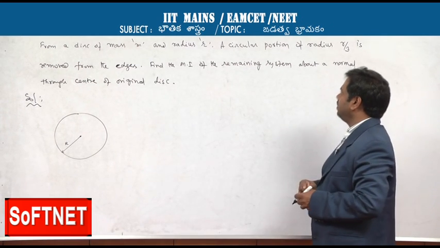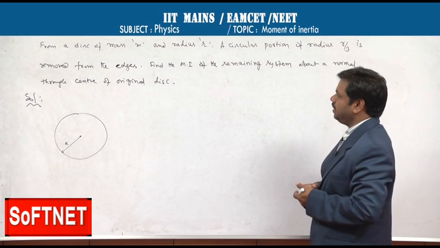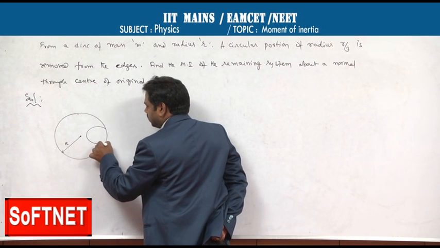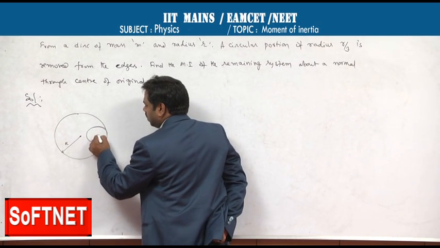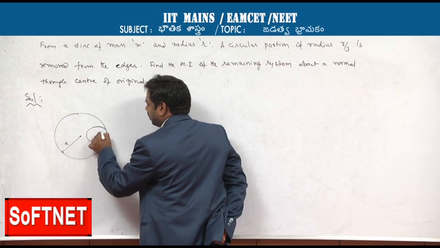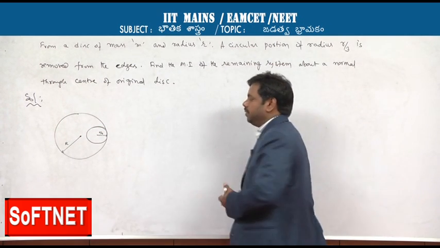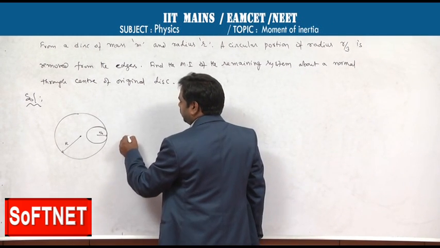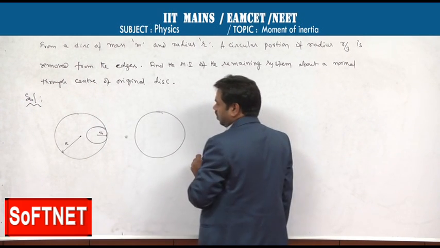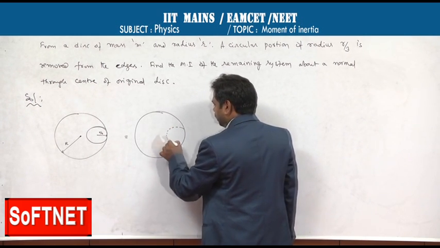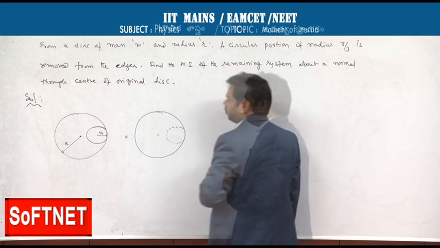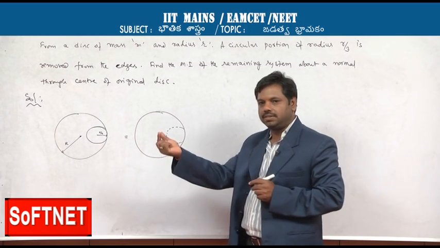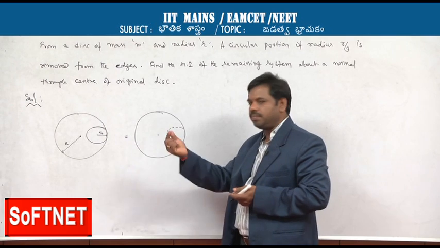Now from this disk, a circular portion of radius r by 3 is removed from the edge. You assume a small circular disk. This is a small circular disk of radius equal to r by 3. This is already removed. Then what will be left? Whenever this portion is removed, nothing will be present there. This is the center. Now we have to find the moment of inertia of this remaining part with respect to this axis, which is passing through the center and normal to the plane.